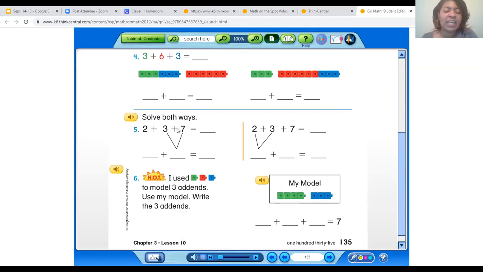And whatever 3 and 7 is, we're going to write that number right here. So 2 plus whatever the sum of 3 and 7 is, it equals the sum for 2 plus 3 plus 7. Right here, it started off with 2 plus 3. So what is 2 plus 3? We're going to write that right here. So whatever that is, plus 7 equals, and that would be your sum.